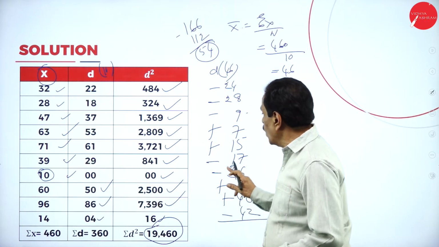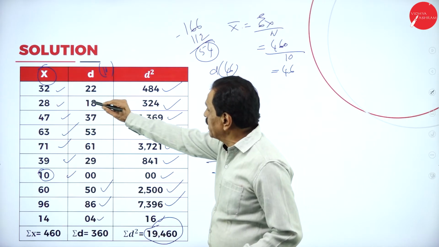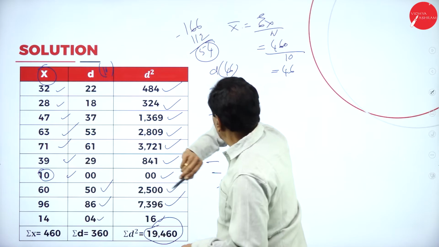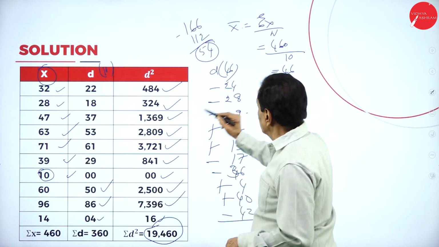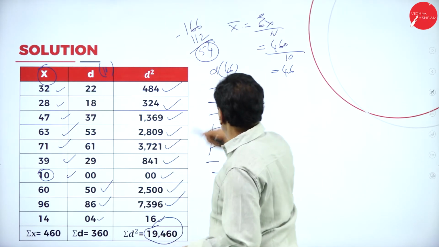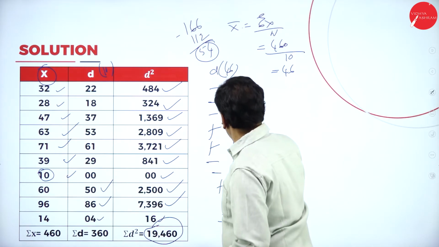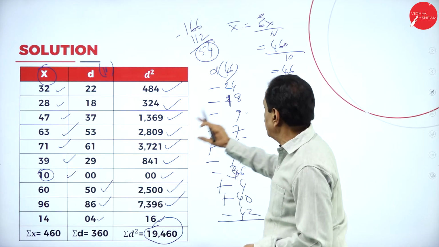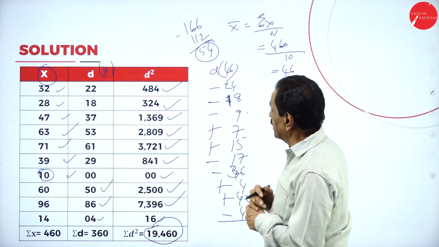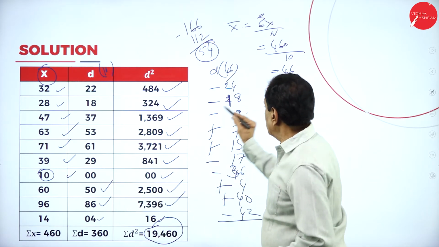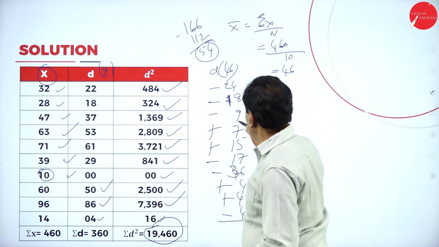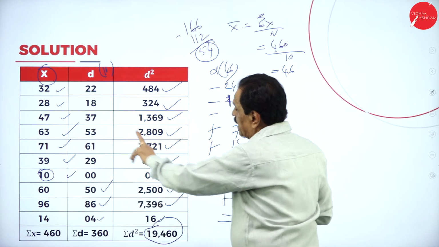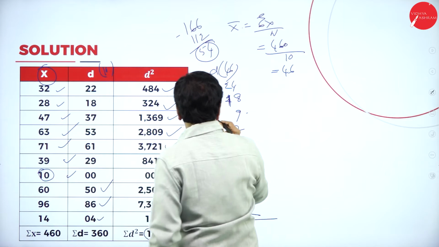Then here the first one is 32, minus 24. 28 is minus 18. 28 plus 18 is 46. 47 means how much more?